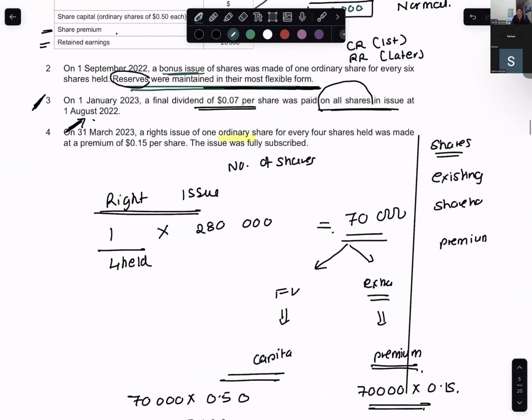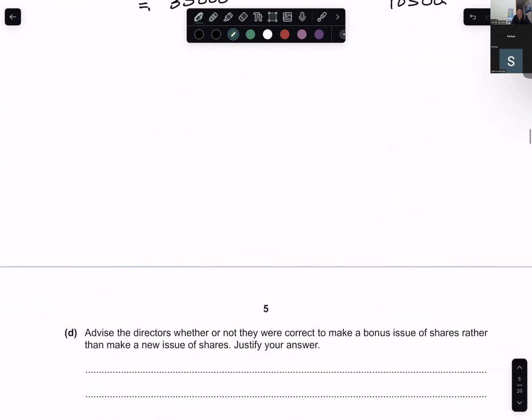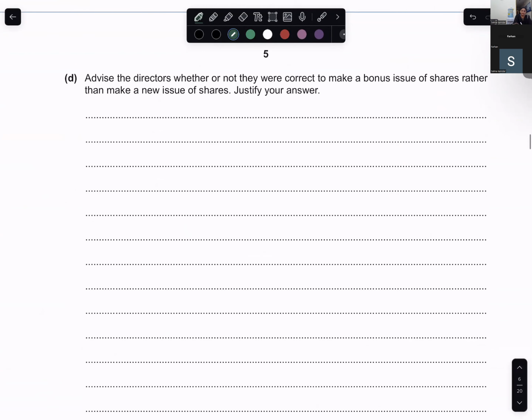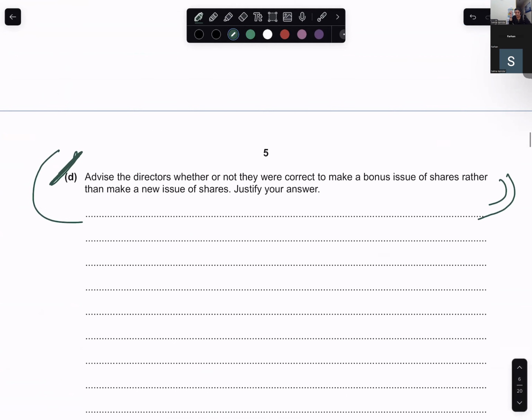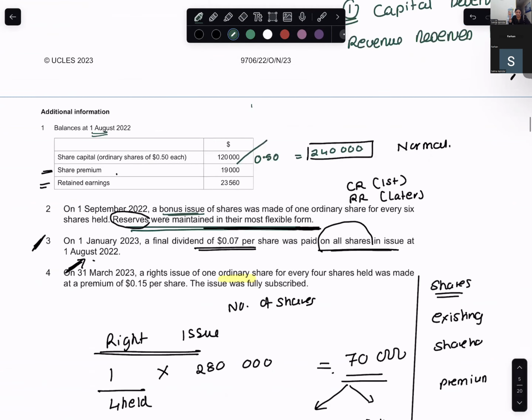We complete the statement of changes in equity. Now part D. Advise the directors whether or not they were correct to make a bonus issue of shares rather than making new issues of shares. They had made a bonus issue, right?